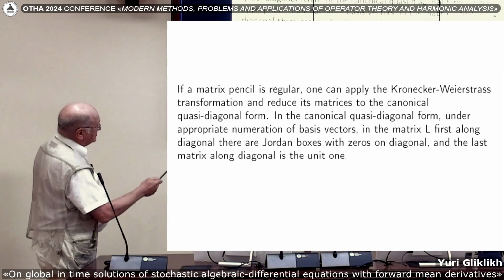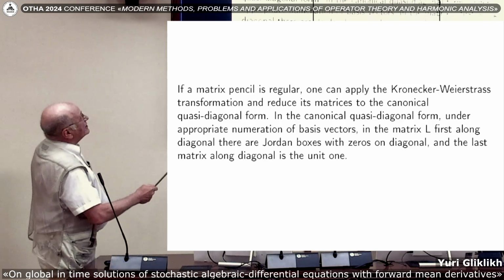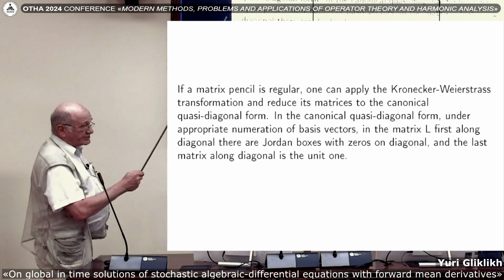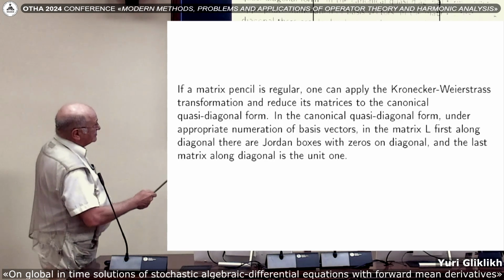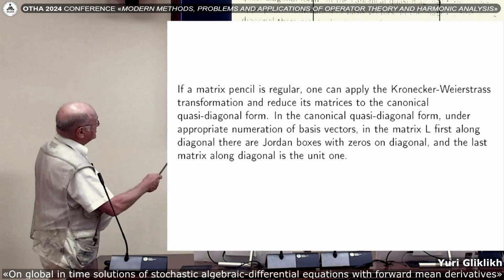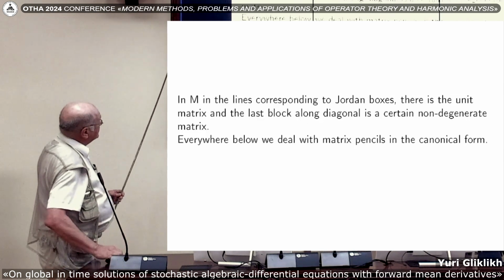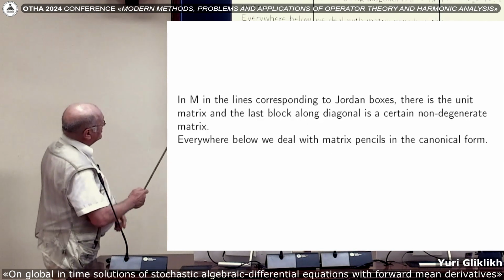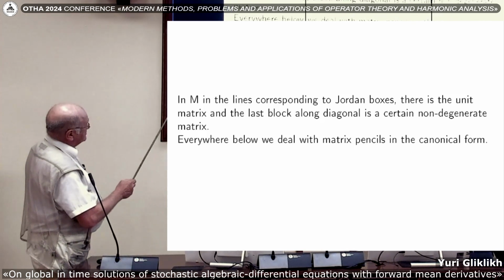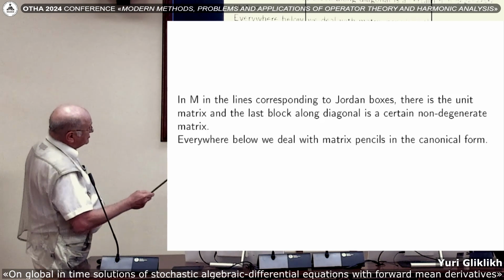In the canonical quasi-diagonal form, under appropriate numeration of basis vectors, in the matrix L, first along the diagonal there are Jordan boxes with zeros along the diagonal, and the last matrix along the diagonal is the unit one. But for M, we have another structure. In M, the blocks corresponding to Jordan boxes are unit matrices, and the last block at the bottom is a certain non-degenerate matrix.